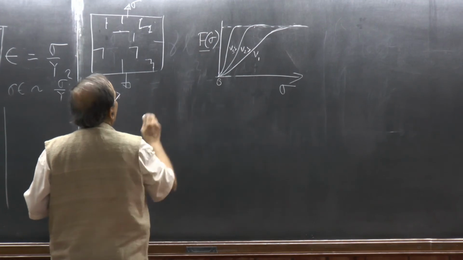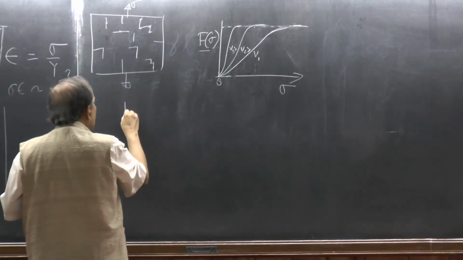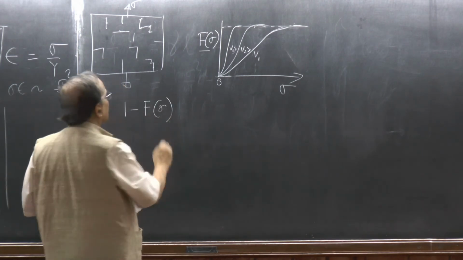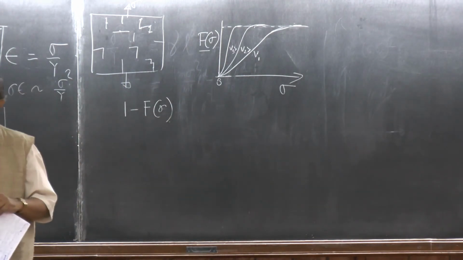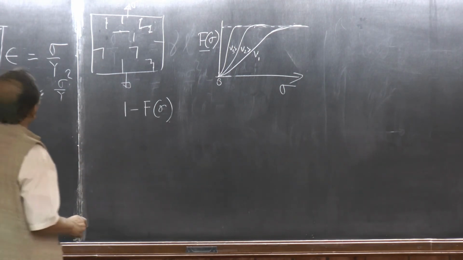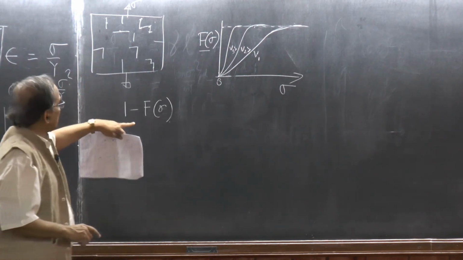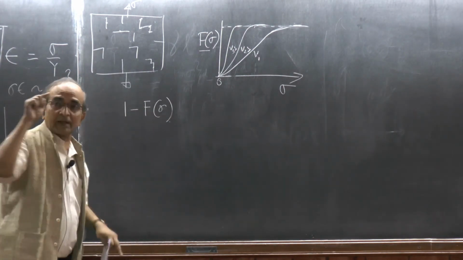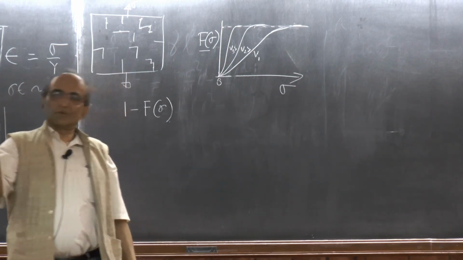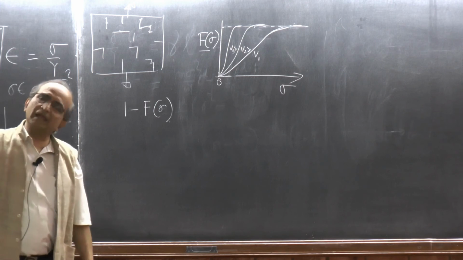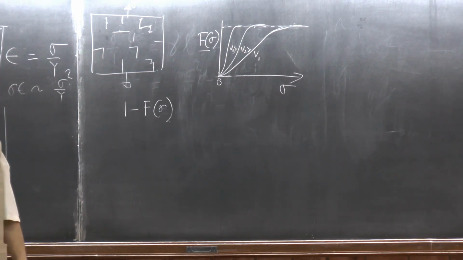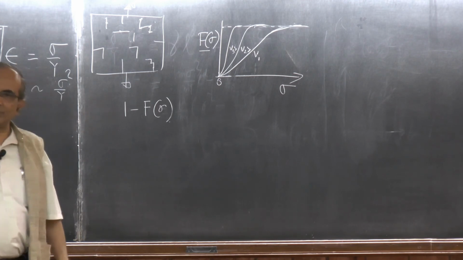In order to get some idea of F sigma, what we do is 1 minus F sigma is the survival probability. That is much better because you can see that if you have many cracks like this, then instead of breaking probability, because breaking will require the extreme one, it is better for survival probability. Survival probability is when everybody will survive. Everyone must survive for the survival of the entire sample.